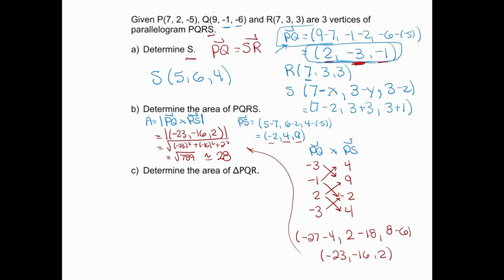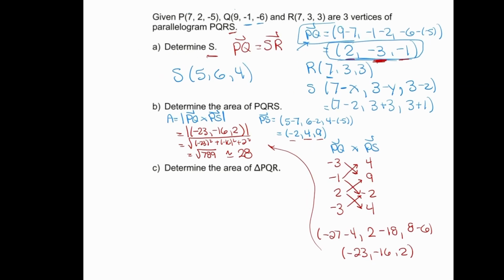So now the last part of this question, part C, asks us to determine the area of the triangle that's bordered by PQ, or that has points at PQR. So if I were to draw out our parallelogram again, and here's P, here's Q, here's R, and here's S, well, now really what I'm doing is I'm looking at this triangle here that's PQR.